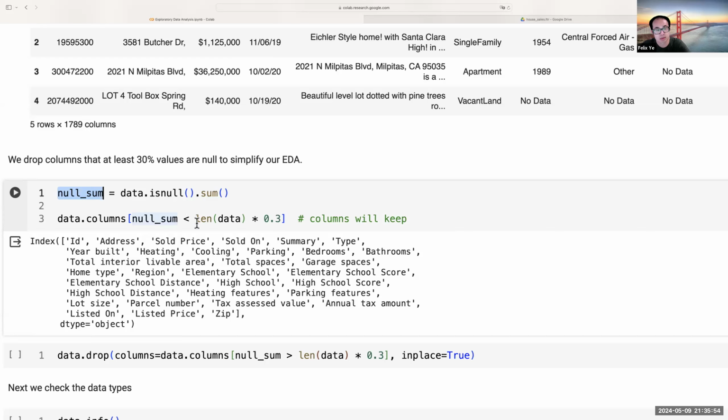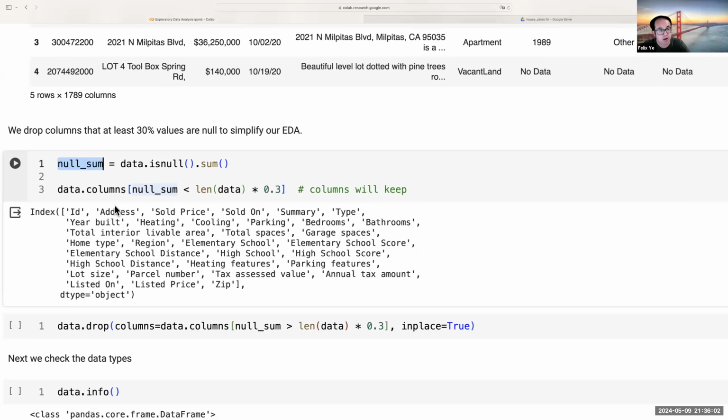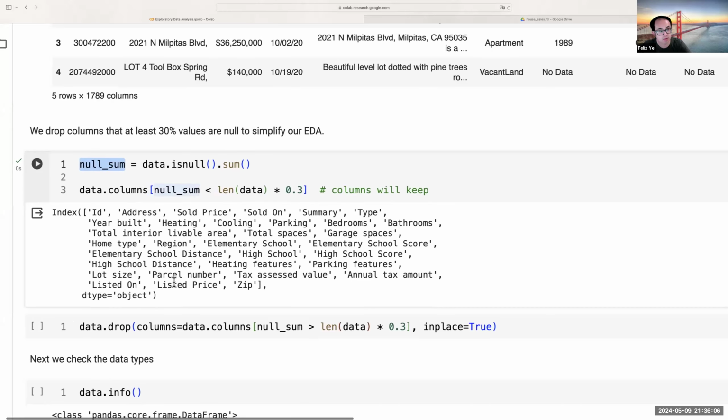That means most of the entries are filled. If we do this, you can see here that in fact a lot of the data, the columns, are being thrown away. We only have very limited columns right now.